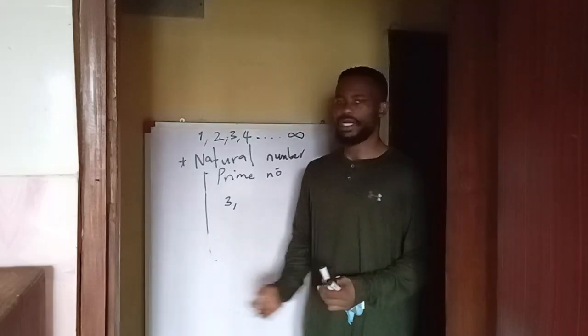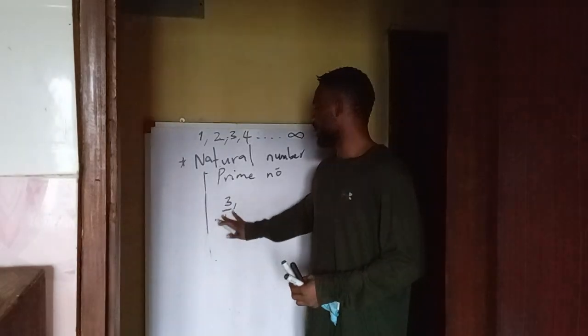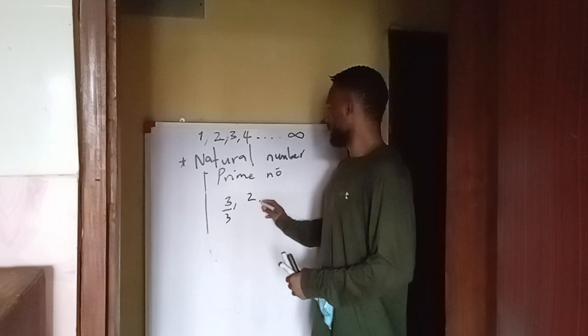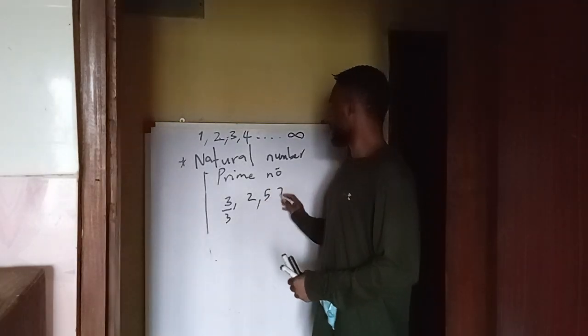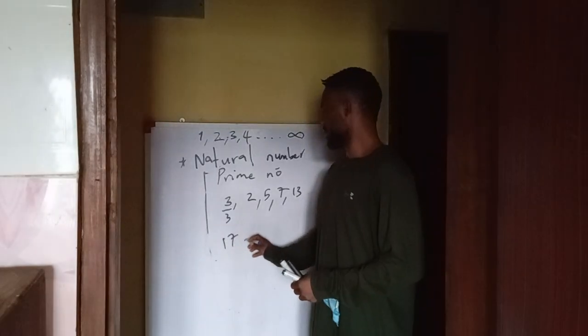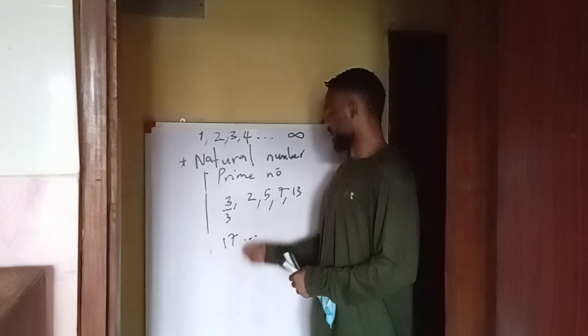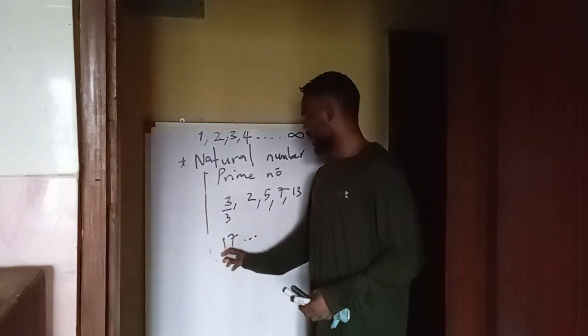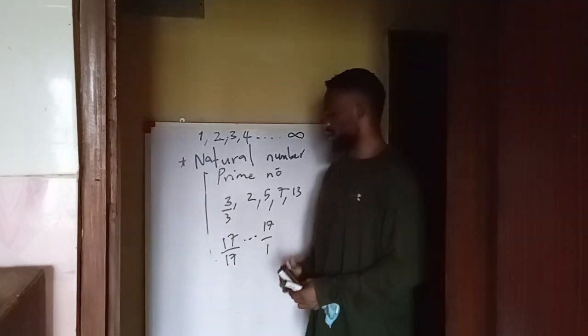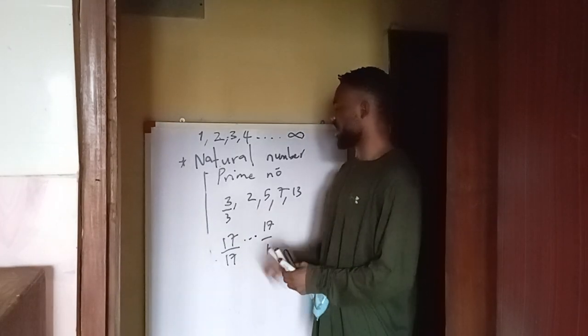There is no other number that can divide 3 except 1 or 3. 2, the same thing. So 5, 7, 13, 17, and so on. Those numbers, if you clearly look, you see that the only thing that can divide them is itself or 1. Those are prime numbers.